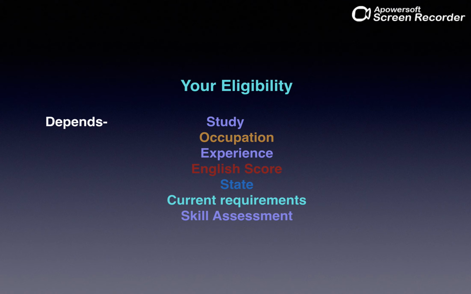So before you start everything, you must go to that assessing authority's website and check your eligibility there, like if they need any experience, or any higher study, or English score, then you have to give them first. And once you get the skill assessment, then you can apply for a 189 or 190 or 491 visa.